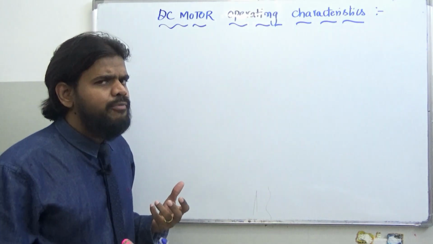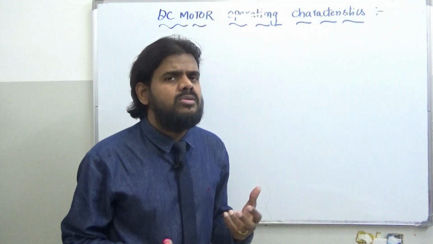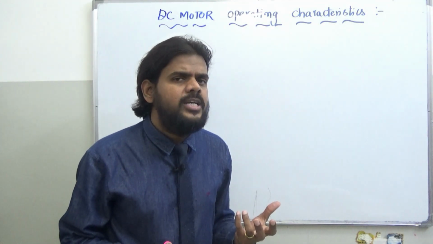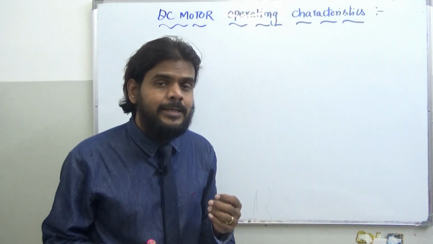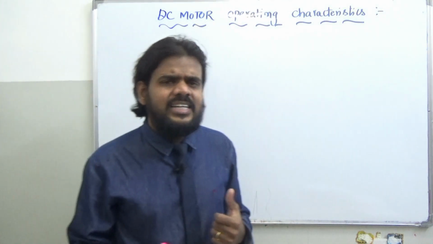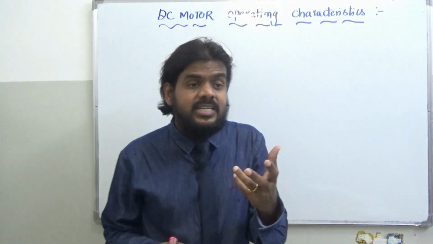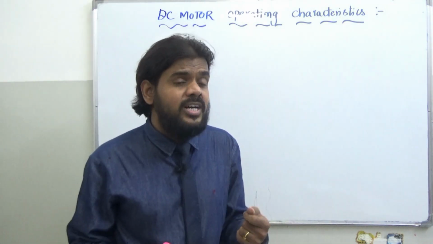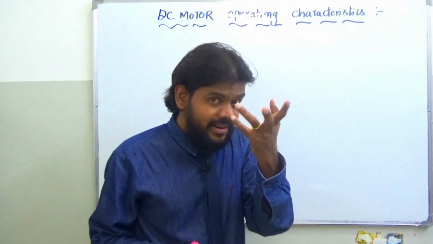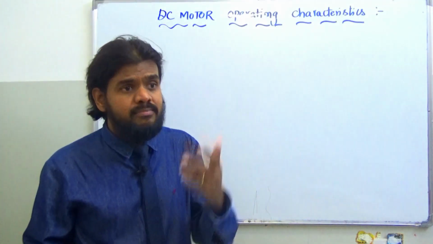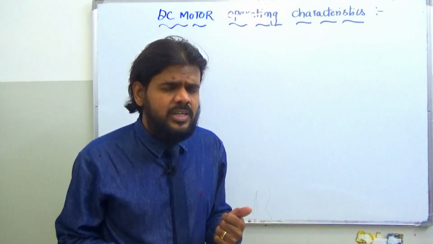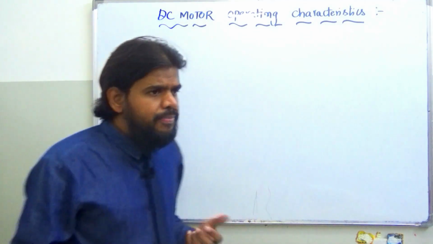By the name itself you can understand that it is something to do with the operation of a DC motor. Yes, you are listening correctly. The DC motor is actually a very simple motor. Though it has a commutator, the characteristics of a DC motor are much desired and much appreciated in many applications.